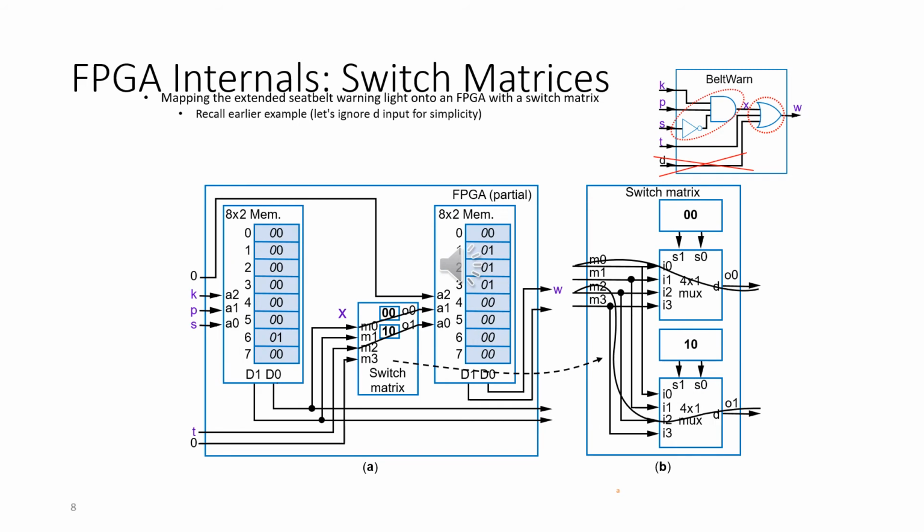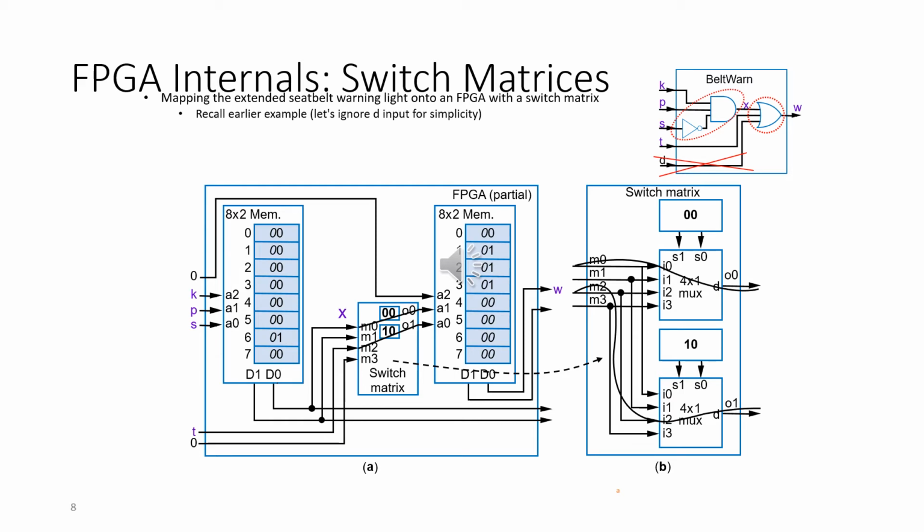Now map the extended seatbelt warning light into the FPGA switch matrix. The first three inputs, K, P, S, are going to the first LUT. We are using the D0 output of this, and this will be directed to the next LUT. So the first connection of the switch matrix is 0 0.